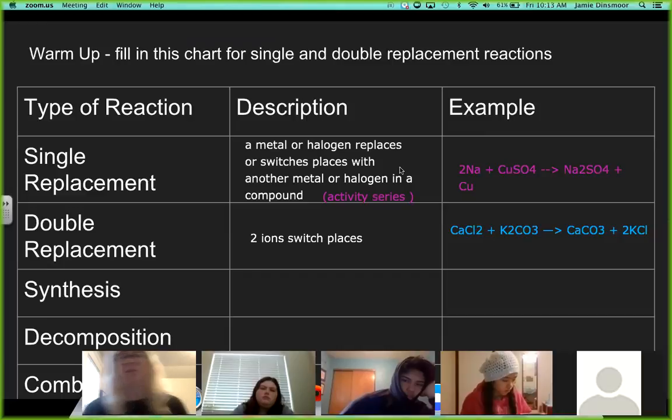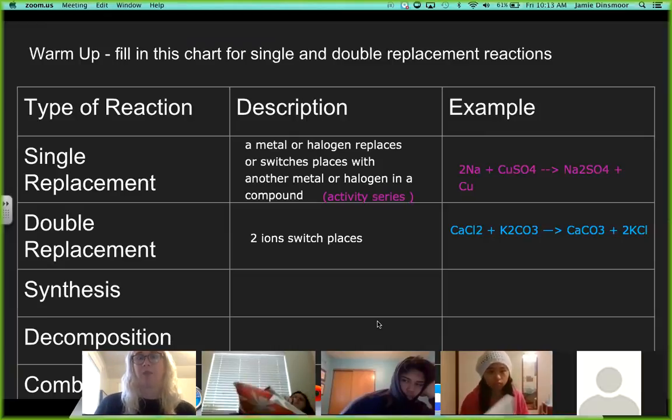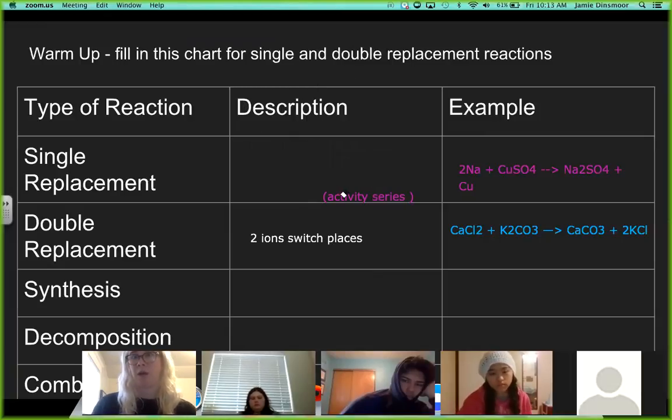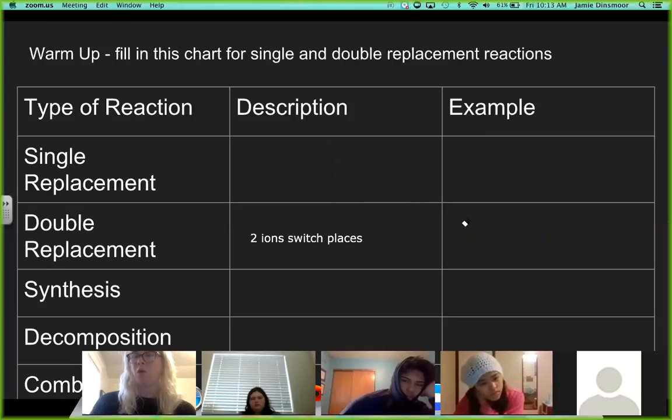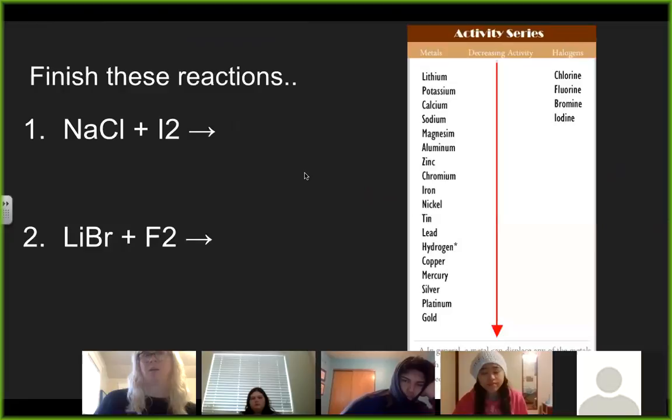Make sure you have that written down, and as we do synthesis and decomposition today, we're going to come back at the end of this and see if we can fill in the description and example for synthesis and decomposition. So be on the lookout as we go through. We're also going to review really quickly how to do these single replacement reactions with the activity series.